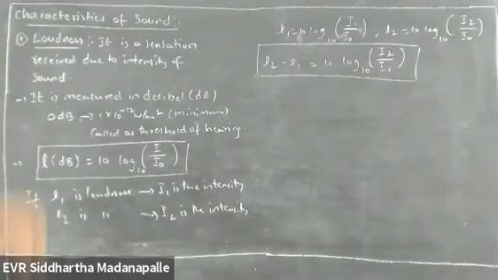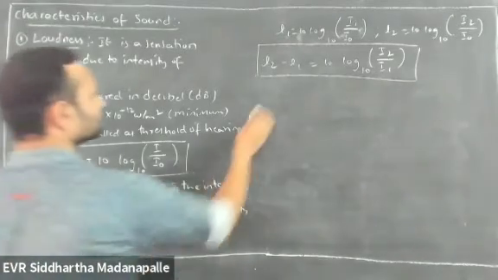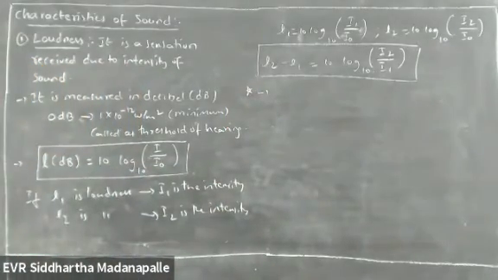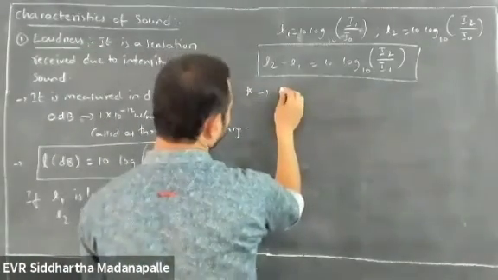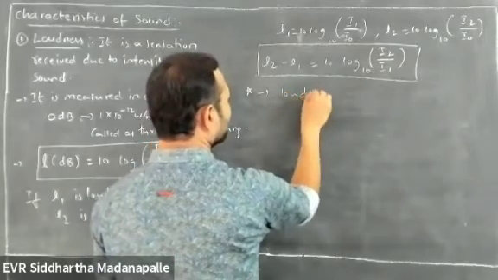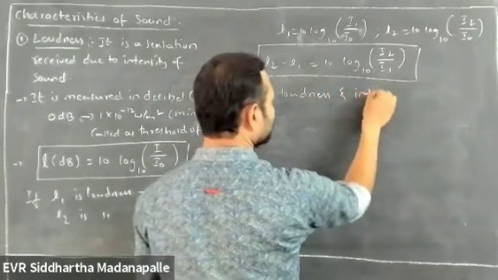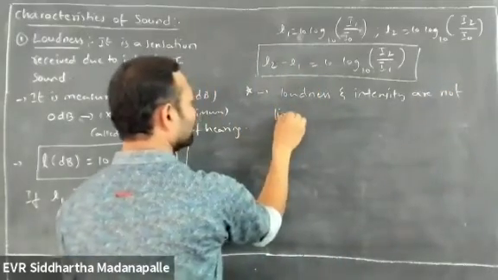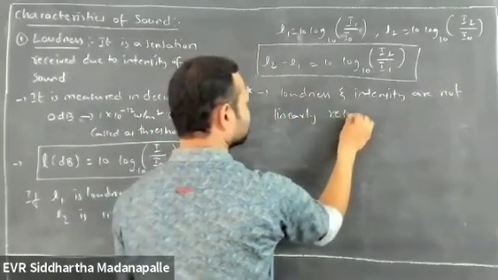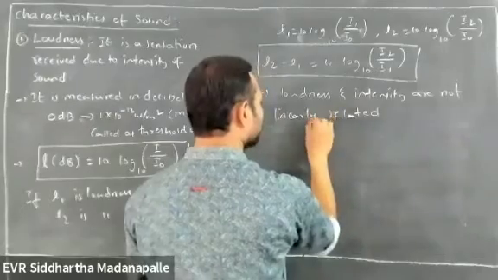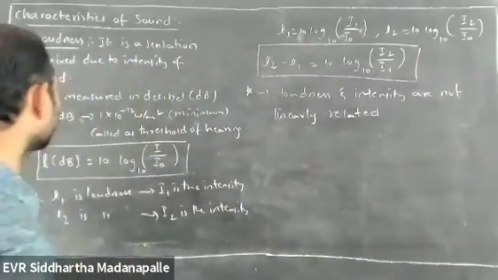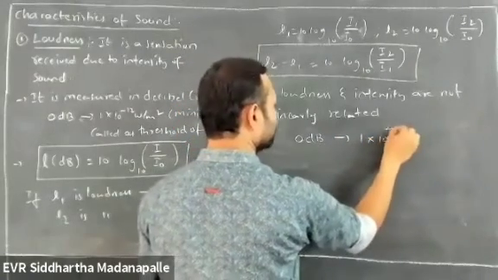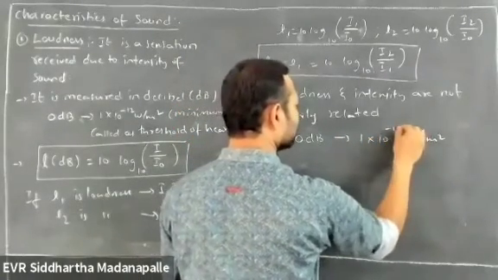Now the important point here is that loudness and intensity are not linearly related. Let me give some examples. At 0 decibel, loudness is 0 decibel and intensity is 1 into 10 power minus 12 watt per meter square.